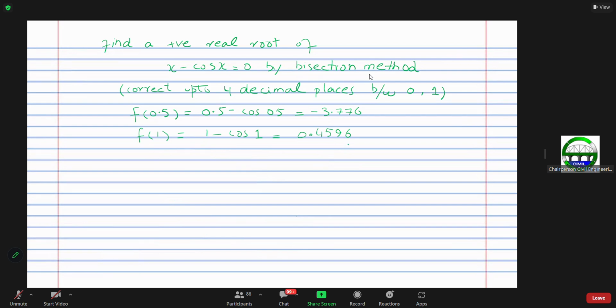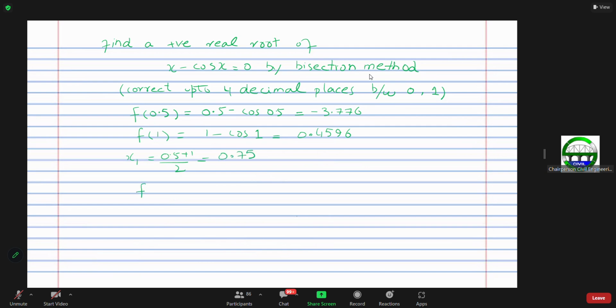So this is f of 1. Our root will lie between 1 and 0.5. So we can say that x1 is equal to 0.5 plus 1 divided by 2, which is 0.75.